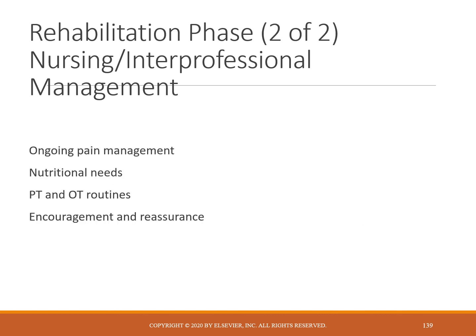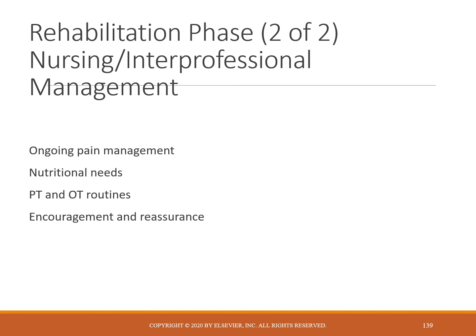As I mentioned earlier, the pain management is ongoing for this client. And again, nutritional needs will be individualized, and we need to collaborate with the PT and also OT and encourage and reassure the patient that they will have enough support for the physiological needs that they have.